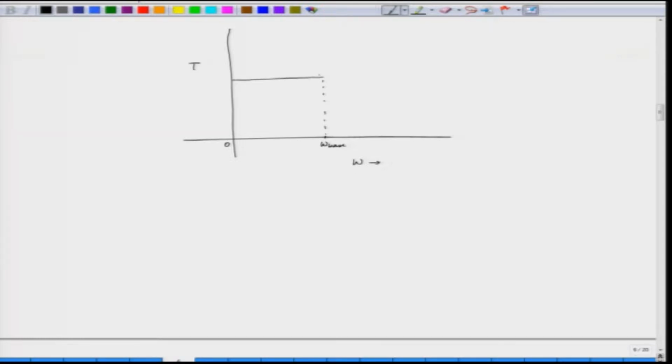So, we keep the current constant by chop mode, this is the torque, and we are also plotting here current, this is our current, and we are also plotting advance angle theta naught. So, theta naught is kept constant. So, we are operating under the chop mode. So, this mode is called current chopping mode.